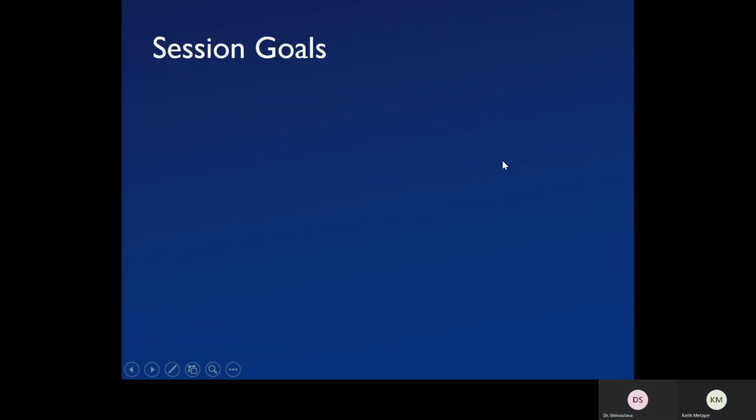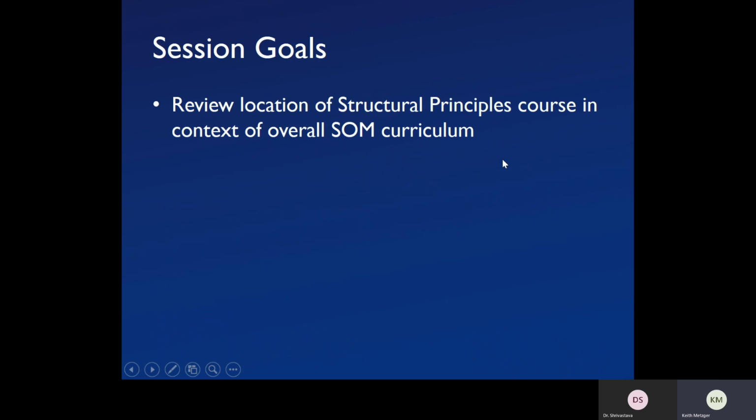Okay, so the goals of this development session are, first of all, to talk about the location of structural principles within the context of the overall School of Medicine curriculum. We have a 3-year core curriculum, and I'll show you where this fits in so you have an idea of where the students are at this point in time.